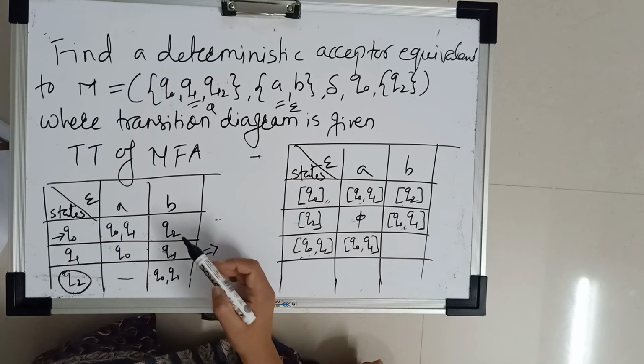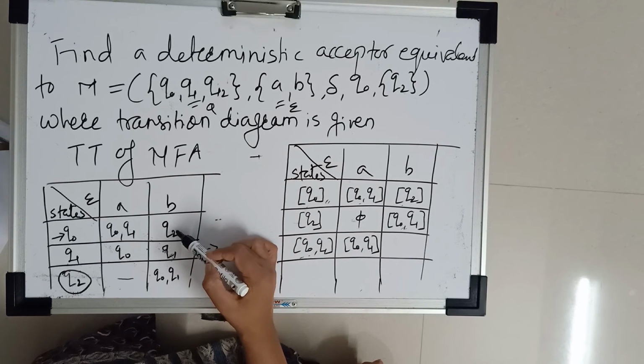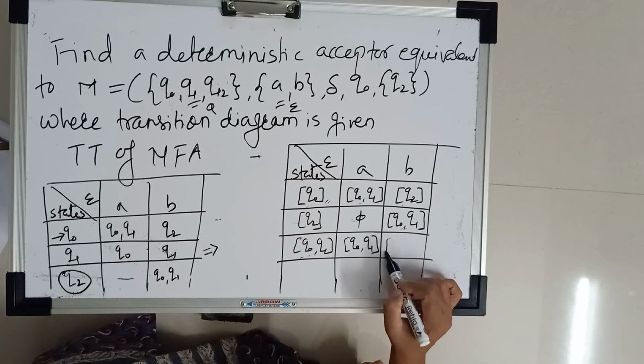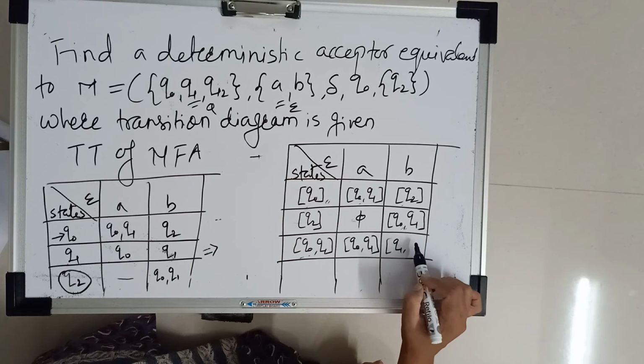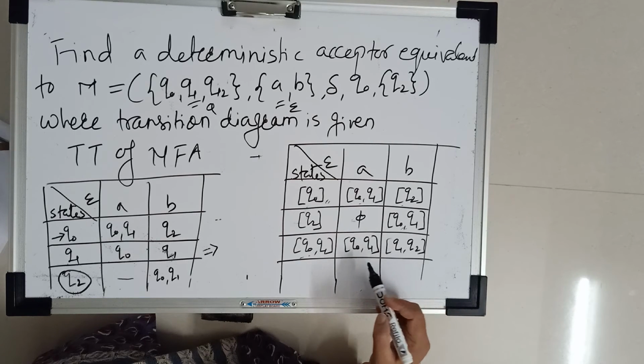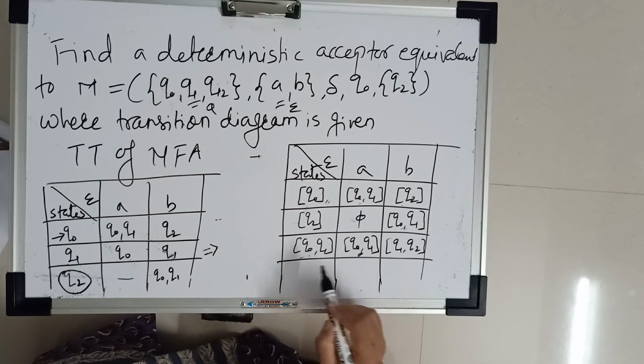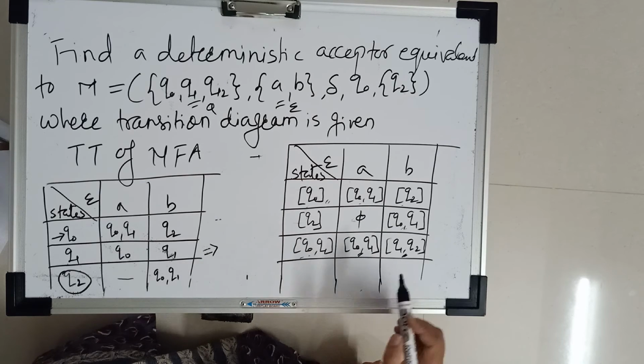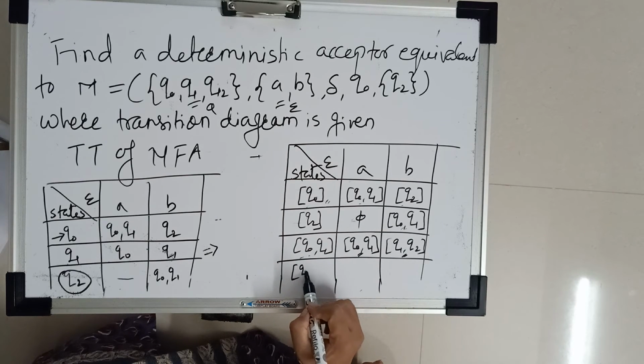Again for the B column, for Q0, Q1, it is Q2, Q1. We'll write in sequence Q1, Q2. Again we have to check whether we are getting any new state. Here we have already taken Q0, Q1. So this one is a new state. We'll consider Q1, Q2 as the new state.